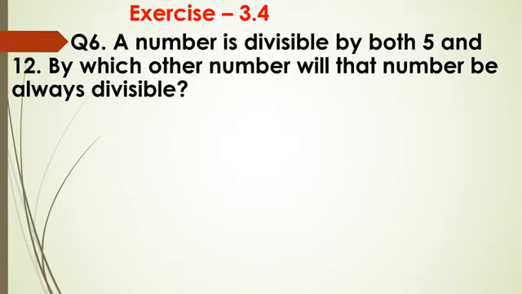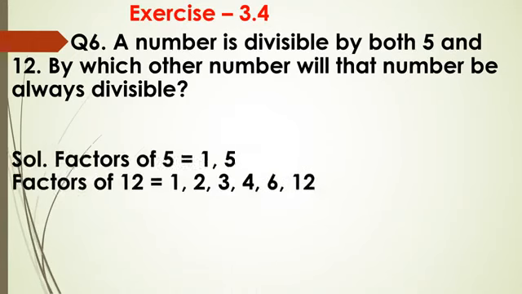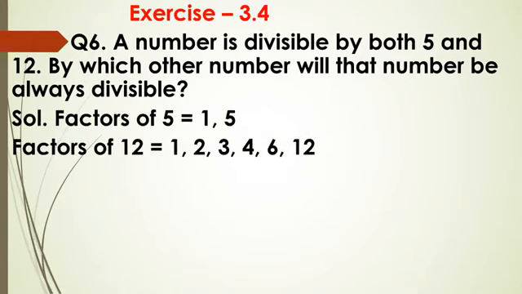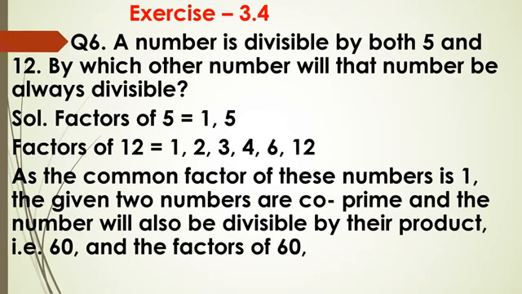How will you see? Make the factors of 5. Make the factors of 12. See what the common factors are in these. The common factor is only 1. So if the common factor is only 1, that means these are co-prime numbers. Just now I have told you what co-prime numbers are: if the common factor is 1 only, then the numbers are called co-prime numbers.